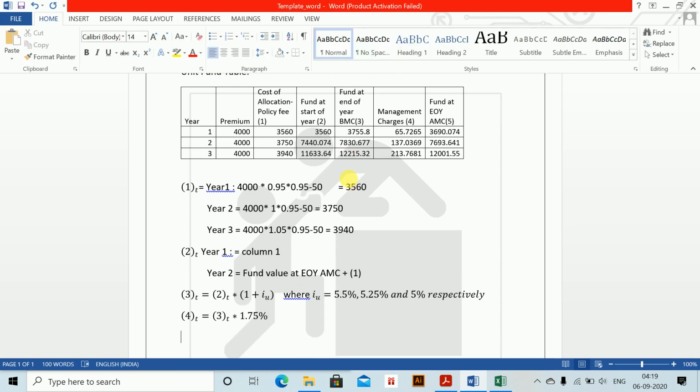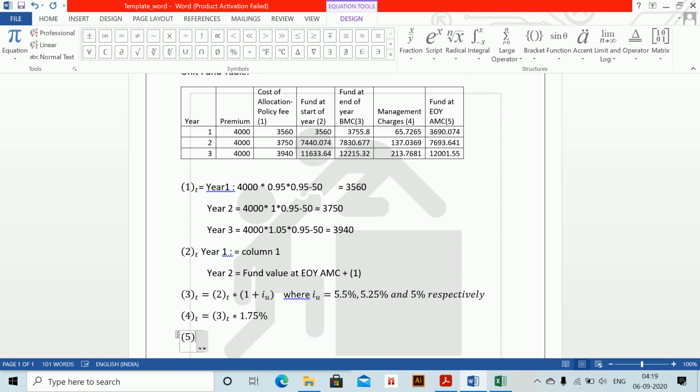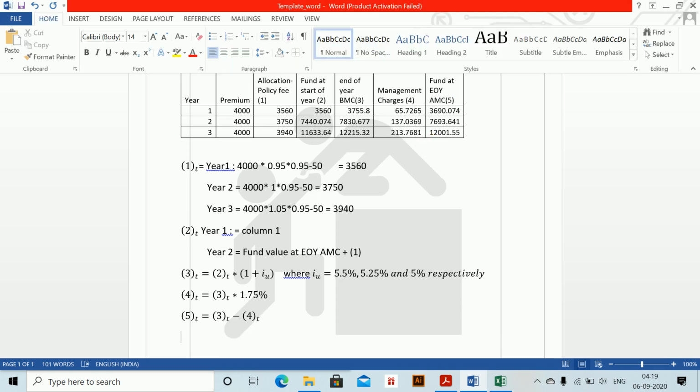Okay, and then 5_t is equal to 3 minus 4. Okay, so this is how we have done this.